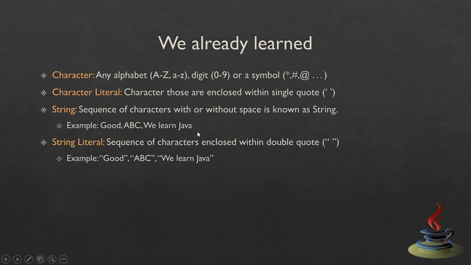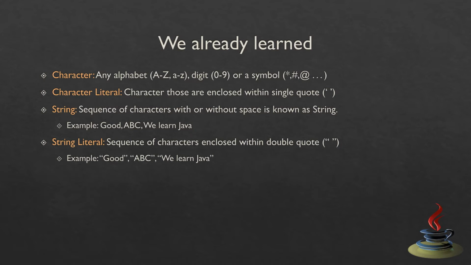These are strings because more than one character is available. GOOD has four characters, so good is a string. Or We learn Java, there is WE, space, LEARN, like that. These whole sentences are also known as strings.